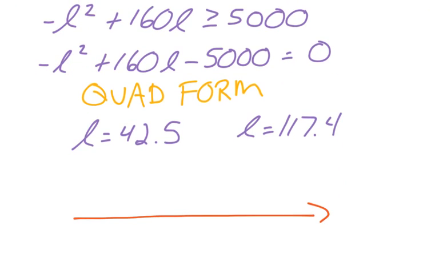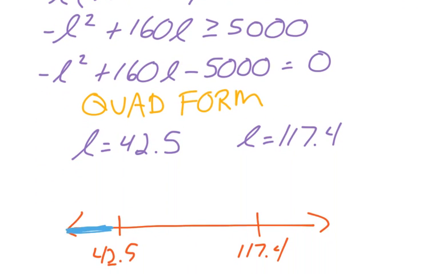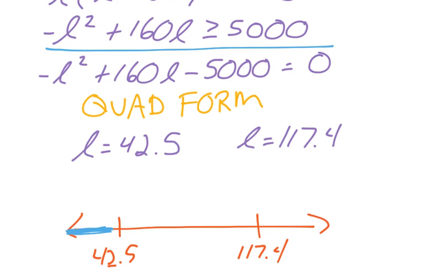We'll bring our number line back in. We've got our two numbers, 42.5 and 117.4. We need to test. 0 is to the left, and for the inequality we'll just use this one here.